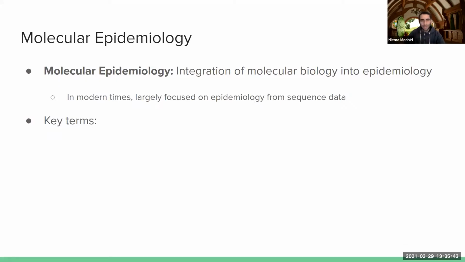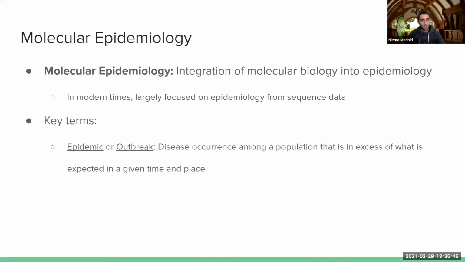So just real quick, some key terms that I want to introduce. One term is epidemic, or equivalently outbreak. So an epidemic or an outbreak is a disease occurrence among a population that is in excess of what is expected in a given time and place. So for example, with the regular seasonal flu, we call it the seasonal flu because it happens regularly.